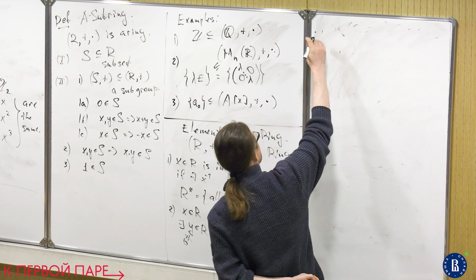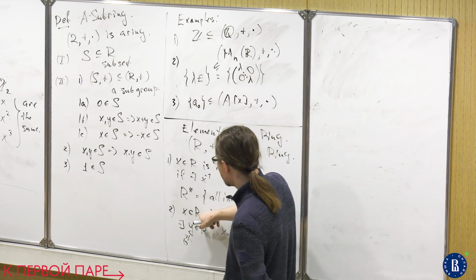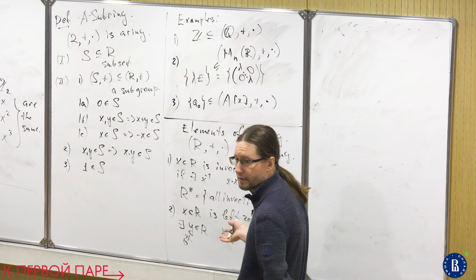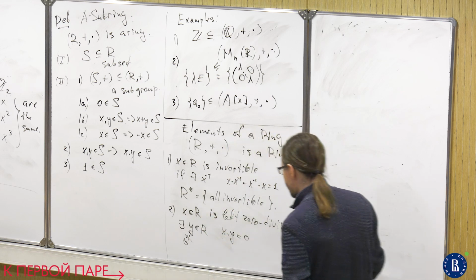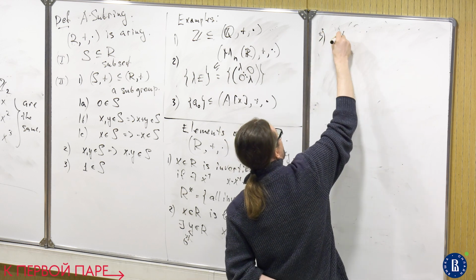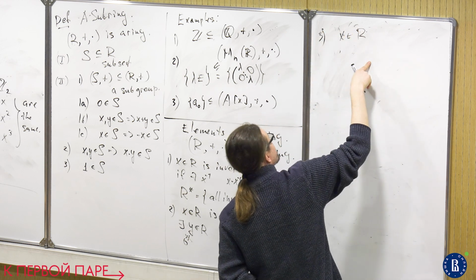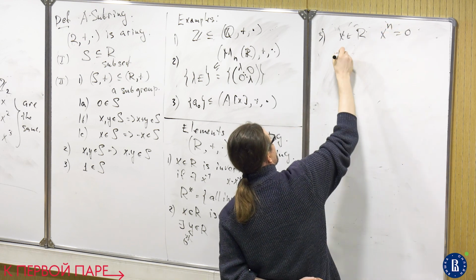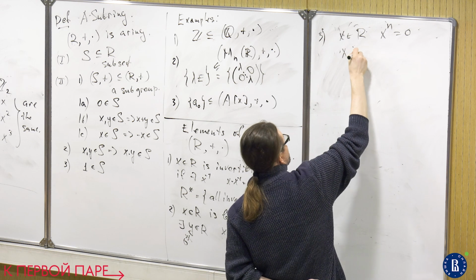In case R is commutative, you just say x is a zero divisor without specifying left or right. Now, the third part: if x is an element of R such that x to the n is equal to 0, then we will say that x is nilpotent.